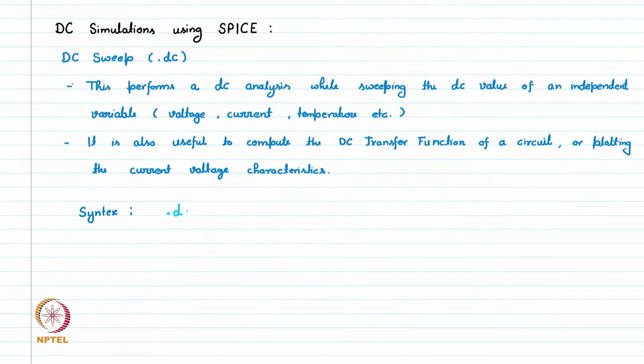.dc. This is the statement we use to invoke the DC simulation engine, and then we have the source name, then the second parameter is V start, then the third parameter is V stop, and the fourth parameter is V increment.